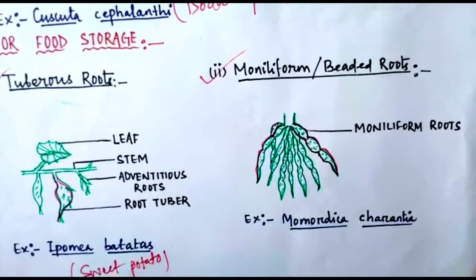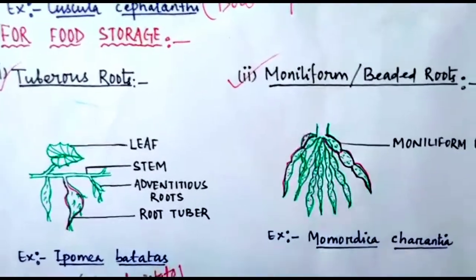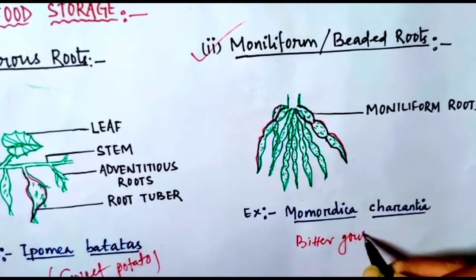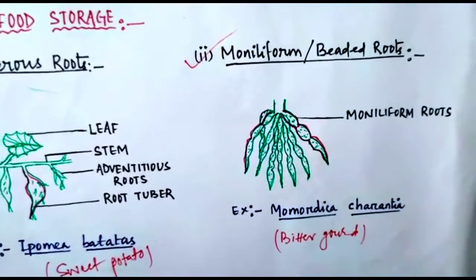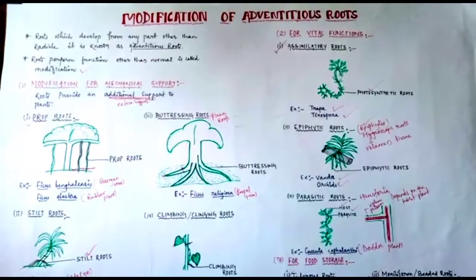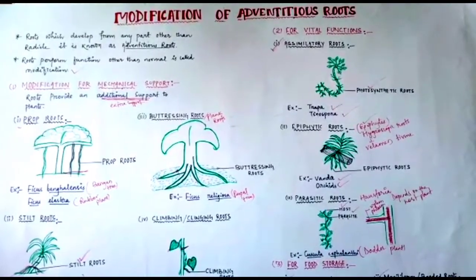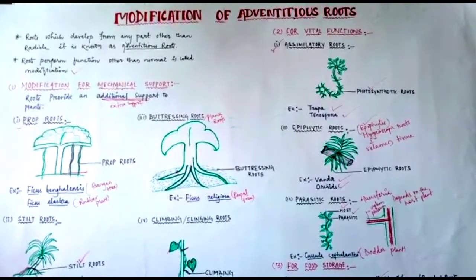Example is Momordica charantia, which is known as bitter gourd. So, these are all about the modification of adventitious roots.